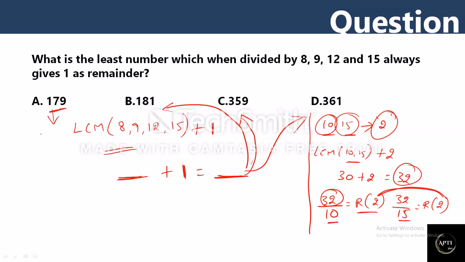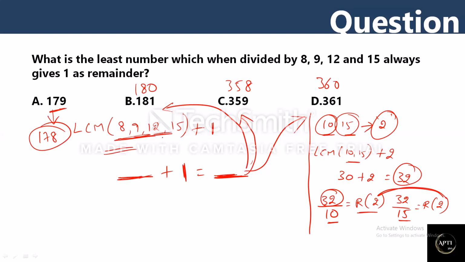Now I'm removing 1: it is 178, 180, 358 and 360. I removed 1 because after adding 1 to the LCM, these are our options. Now these values should be exactly divisible by 8, 9, 12 and 15.